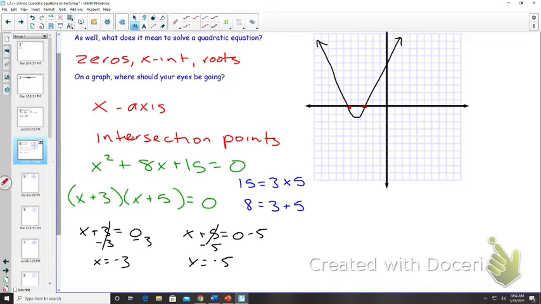Your y-intercept would be... 15! Nice. Okay, and then when you are graphing, guys, it's not enough just to put the points down. You have to put the coordinates of them as well. So we have negative 5, 0, and negative 3, 0.